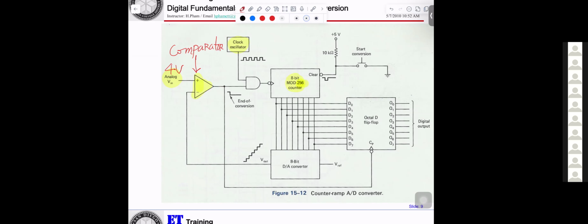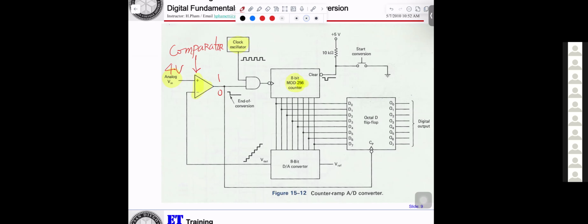They compare between the positive input and the negative input. If positive is higher than negative, then you get logic 1. If negative is higher than positive, you get logic 0.